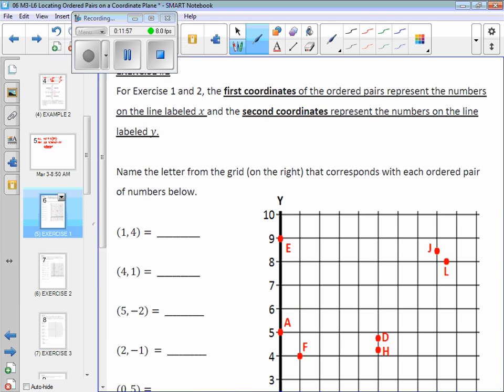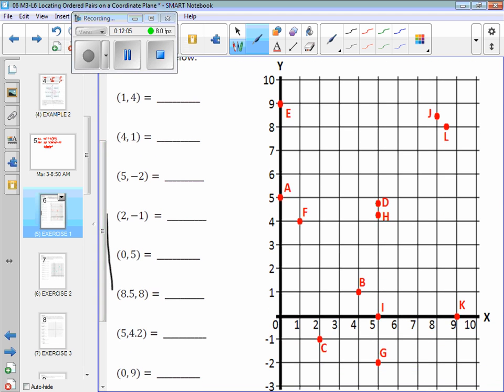All right, this one I'll call on you. See if I can get it all on one page. Close enough. 1, 4 is which point? Andrew, go. You sure? F it is. 4, 1. Christine. 5, negative 2.